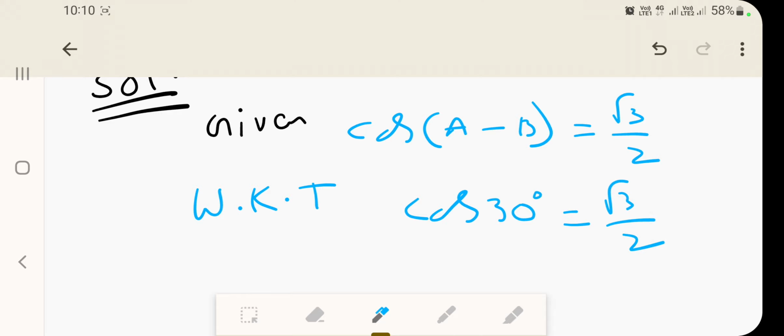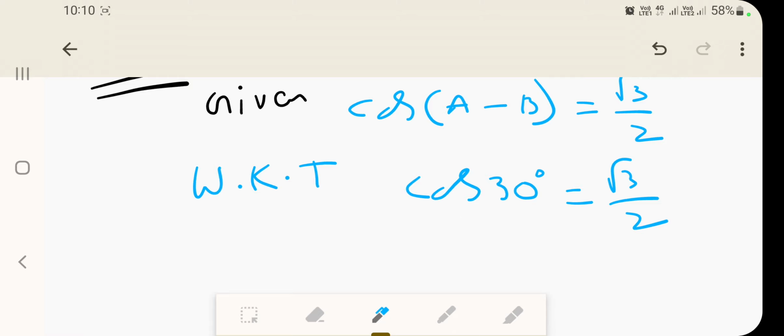So if you compare this equation and this equation, you can directly write the values: A minus B equal to 30.